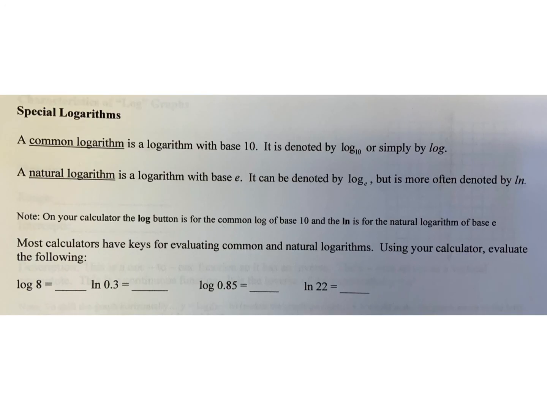Okay, there are lots of different kinds of logs, but there are two that we use all the time. The common logarithm has a base of 10, so we write log base 10. If you ever just see the word log with no base, like log x, it's implied the base is 10.